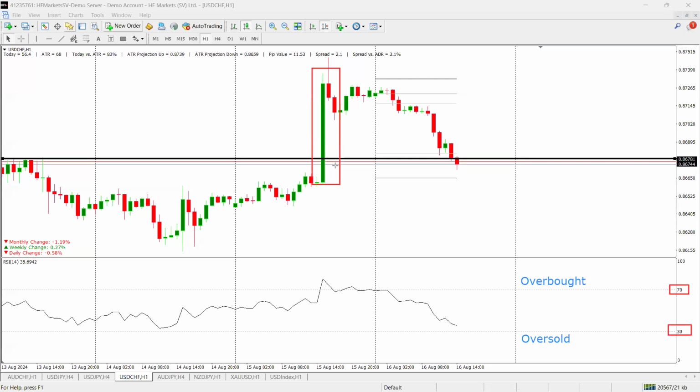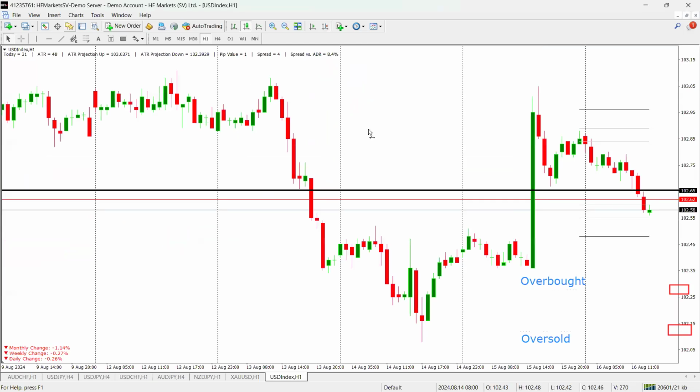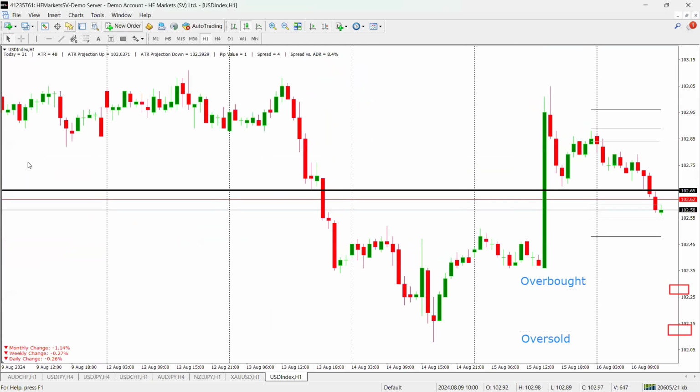The dollar had a very massive jump to the upside, and then we've seen that price could not sustain that jump because almost immediately price started retracing gains, and we could see it clearly on the USD index, which shows the performance of the dollar in the market.